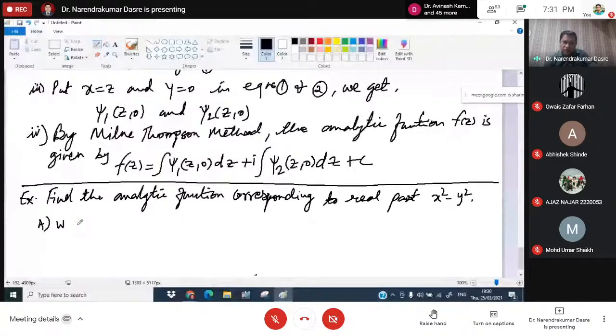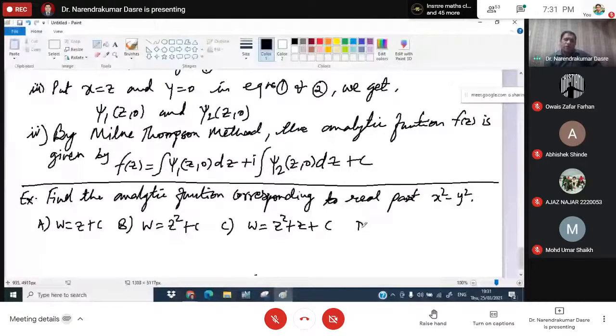Option C is w is equal to z square plus z plus c. And option D is w is equal to 2z plus c. Okay, so these are the different options that are given, and then we want to find out what is the analytic function corresponding to this real part.